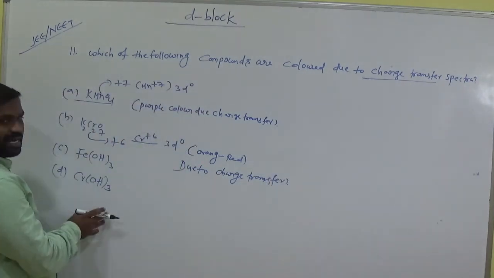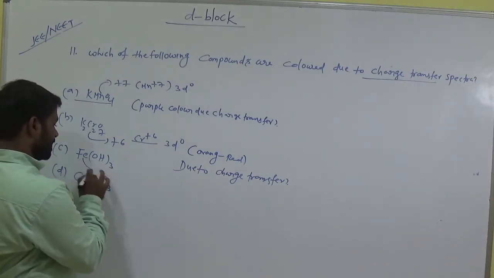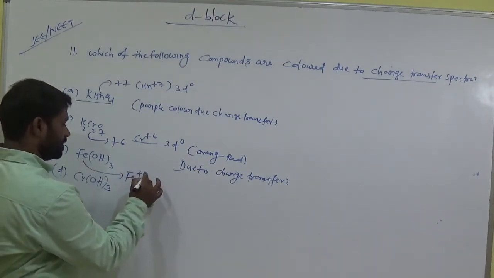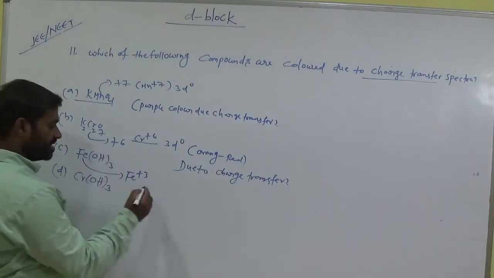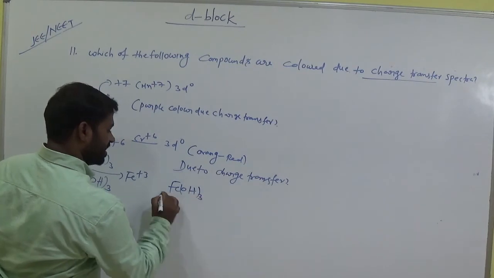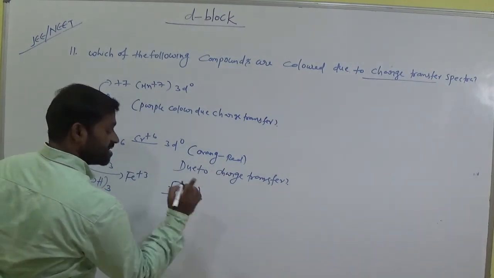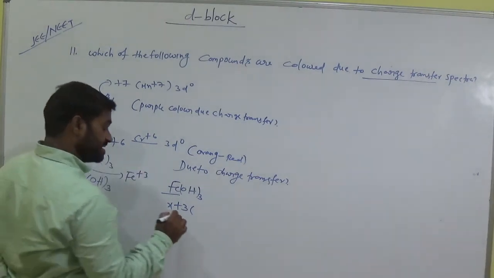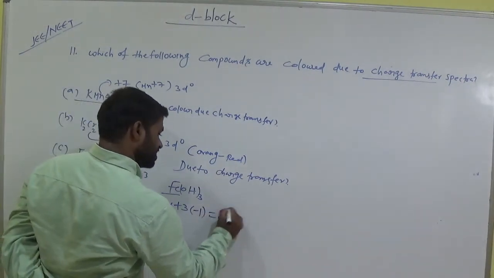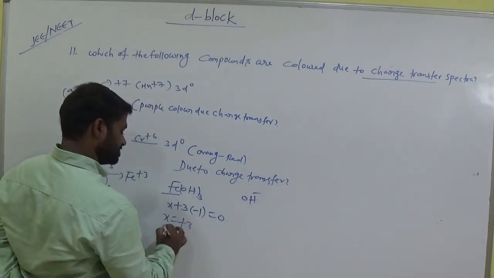What about these two? These are also colored compounds, but due to unpaired electrons. Fe +3 here. Why? Because of OH minus 3. In Fe(OH)3, what is the oxidation state of iron? X plus 3 times minus 1 for each OH, so X equals +3.